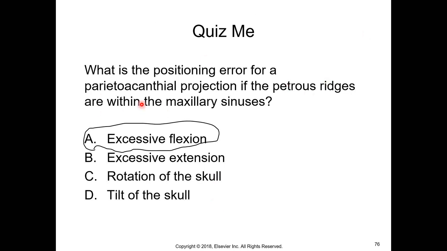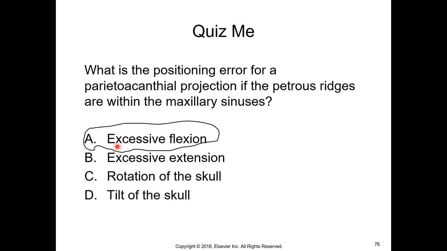So, positioning error for the parieto-acanthial projection, which is your Waters. If the petrous ridges are within the maxillary sinuses, you want to increase or extend the cranium or the neck. So the error would be, I'm sorry, I'm making this sound more complicated.